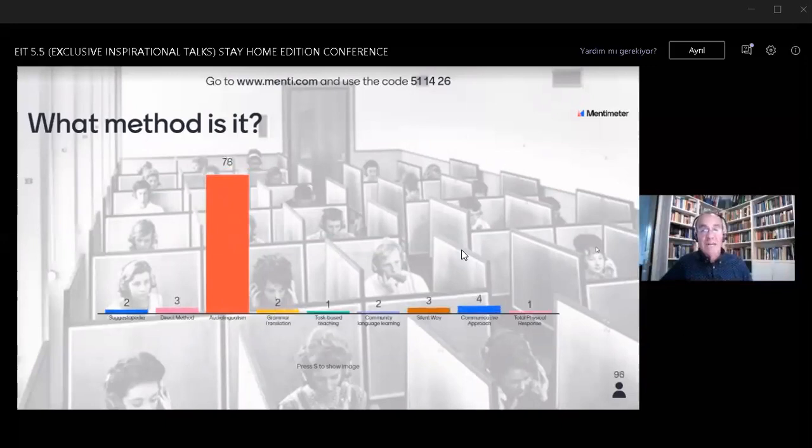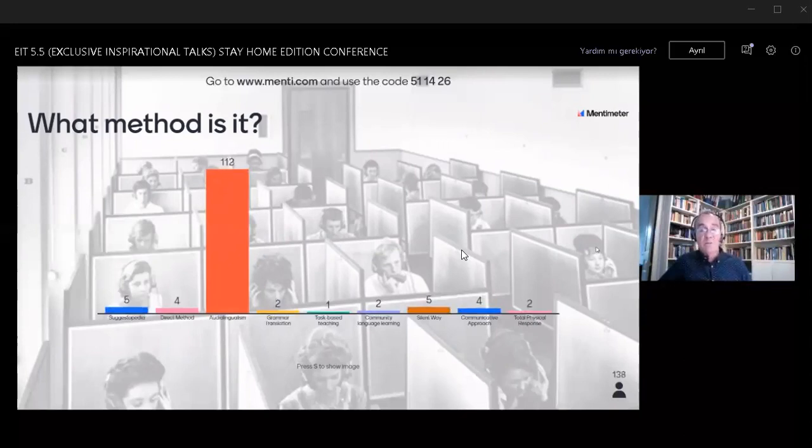It was ideal for doing what audiolingualism was famous for, which was the chief method of its whole approach, which was to practice different grammatical patterns or structures or whatever you want to call them, and to do this repeatedly until they became habituated. So the language laboratory was the ideal place to do this.